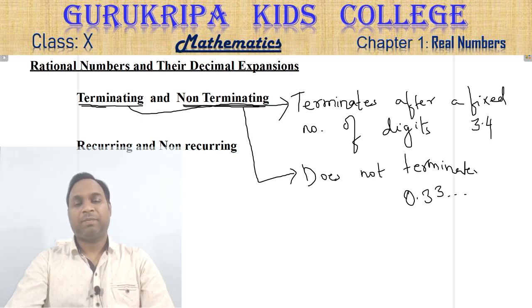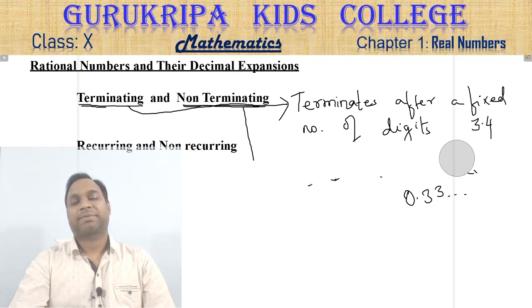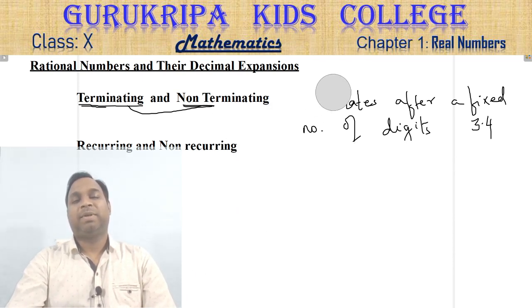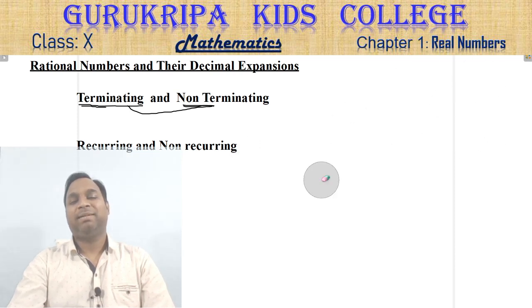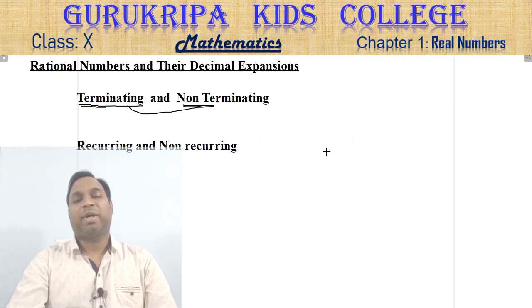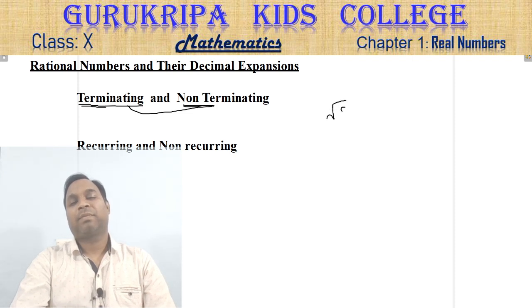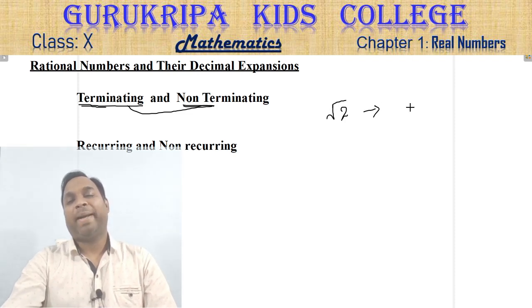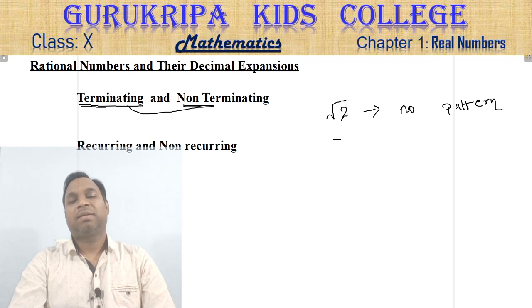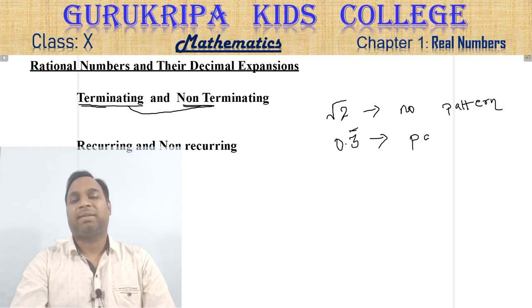So we have two types of numbers. Now, in the second part, non-terminating numbers. There were two types of non-terminating numbers again. One was square root 2, where there was no pattern, and one was 0.3 with a line over the 3, where a fixed pattern is there.